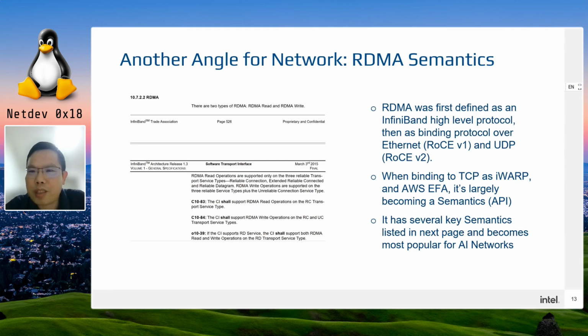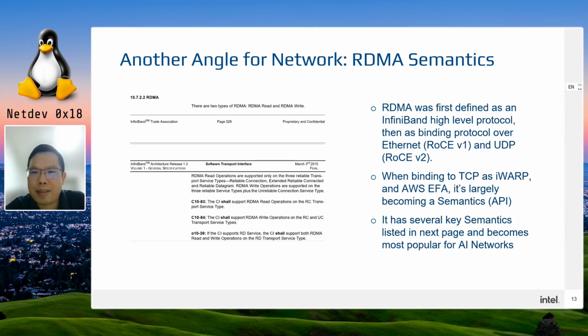RDMA itself was actually defined in the first place as a pure protocol for InfiniBand. If we compare the two, RDMA is the same as TCP, as a higher-level protocol, and InfiniBand is equal to Ethernet.